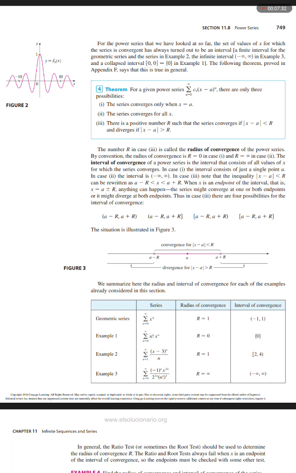Convergence for the absolute value of x minus a is less than R, see figure 3, and divergence for the absolute value of x minus a is greater than R. We have a line with an open interval at a minus R, a point a in the middle, and another open interval at a plus R.